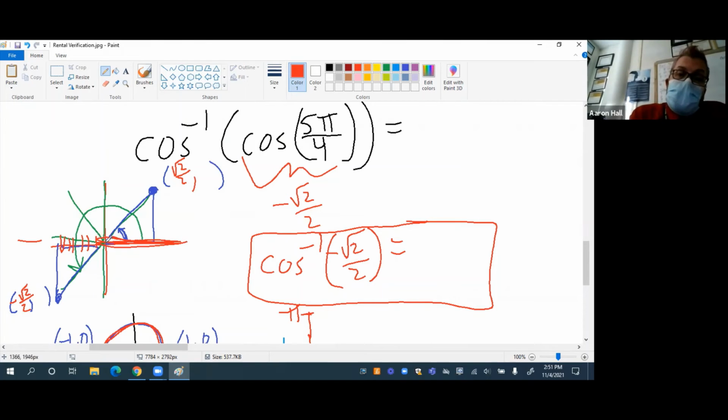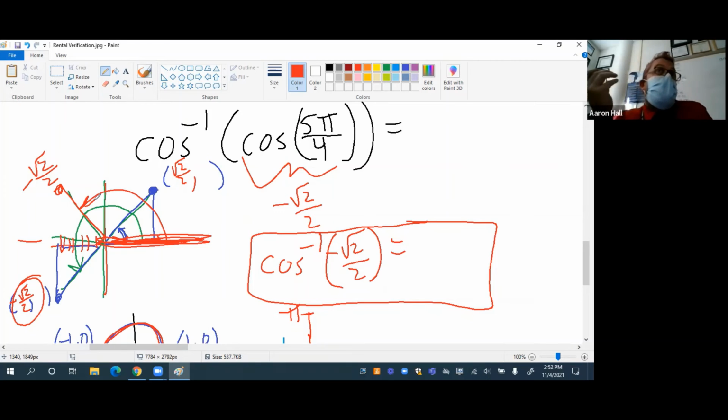We found that our x value is negative the square root of 2 over 2 in 2 locations. Here, and down here. From our initial side, what's the closest rotation? Right here. So just go with that one.